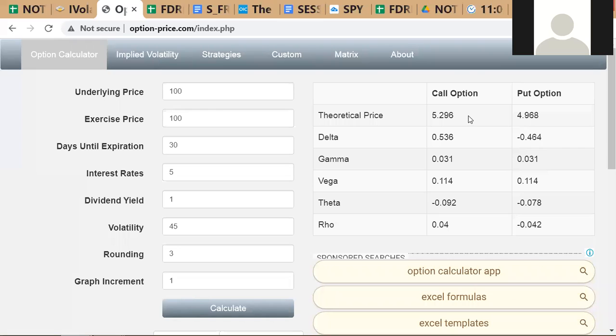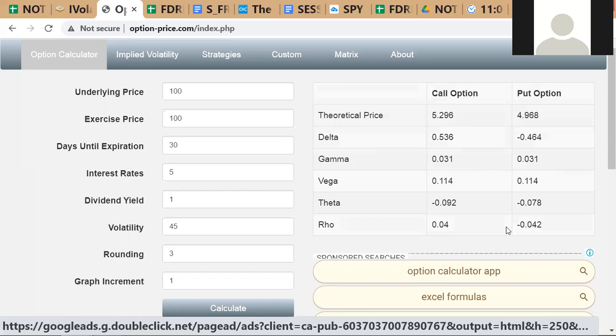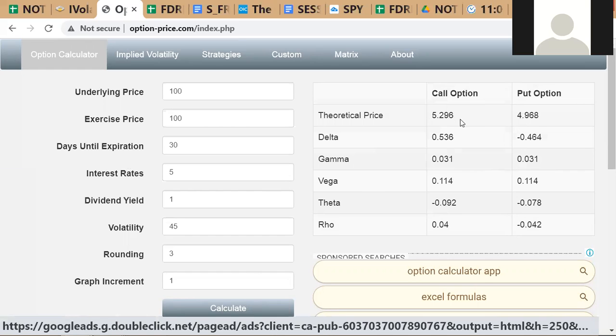So if we assume that the market price is following the same logic as the OVM, the manner in which the market price is arrived at is following the same logic that is implied by the OVM, then we can say that if this is the market price, then the market must be estimating vol at 45%. That's basically what we mean, all right?